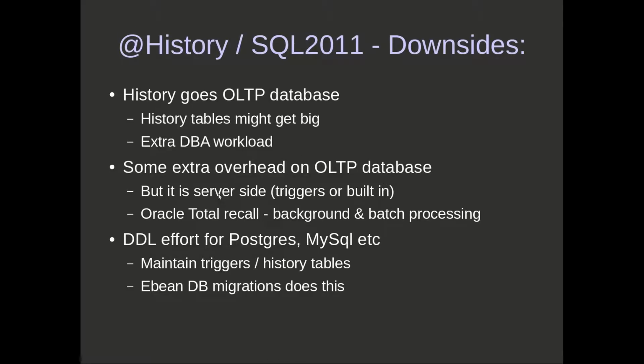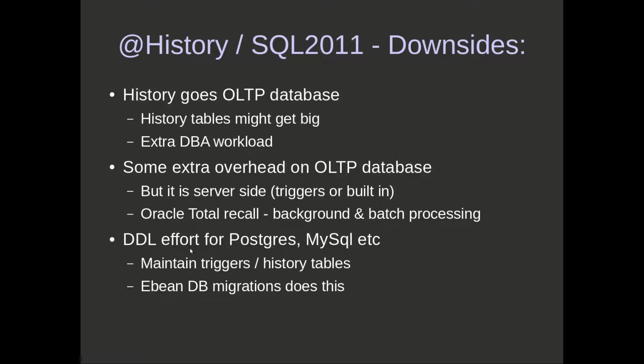So it's not too bad though, in the sense that it's server side, its triggers are built in, so we're not talking about a lot of extra fetch or network costs. It's basically pure server side cost. If you're using Oracle and using Oracle Total Recall, well, they go a little bit further and they're doing this in the background with batch processing. So they've got some optimizations going on there, which are quite nice.